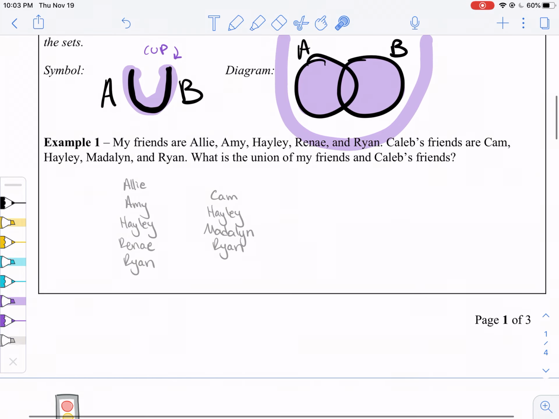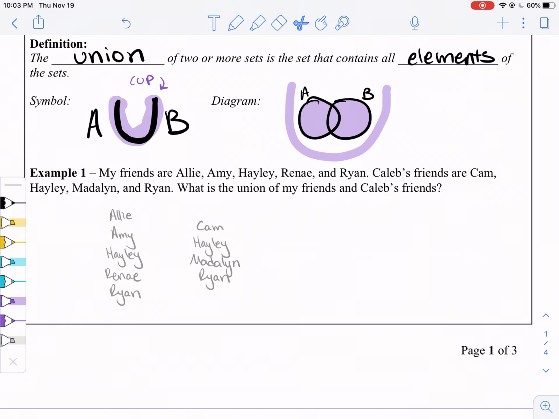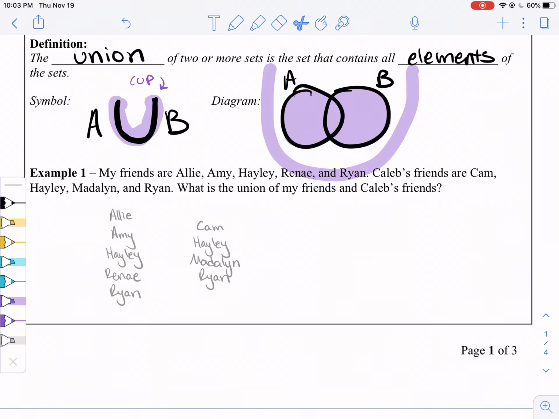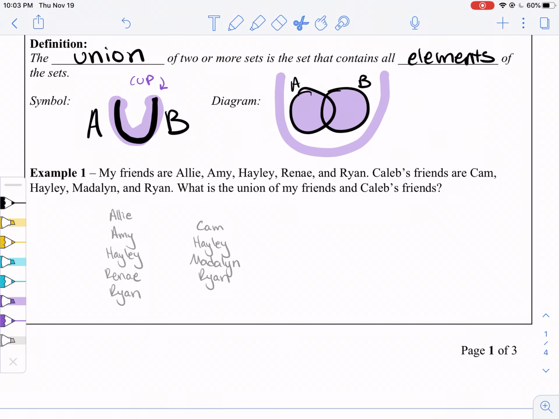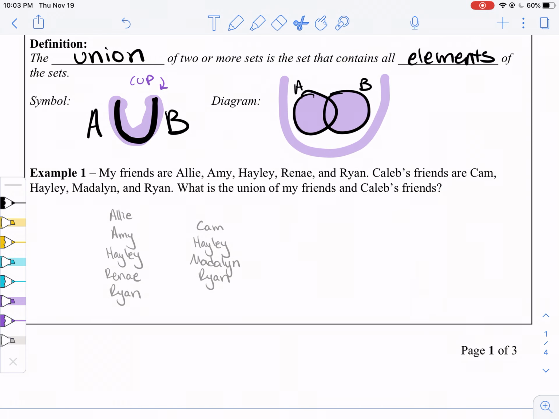Okay. So you have my friends Allie, Amy, Haley, Renee, and Ryan. And Caleb's friends are Cam, Haley, Madeline, and Ryan. That popular guy, that Ryan. Okay. So what is the union of my friends and Caleb's friends? Well, these are my guys over here, and these are Caleb's guys over here.